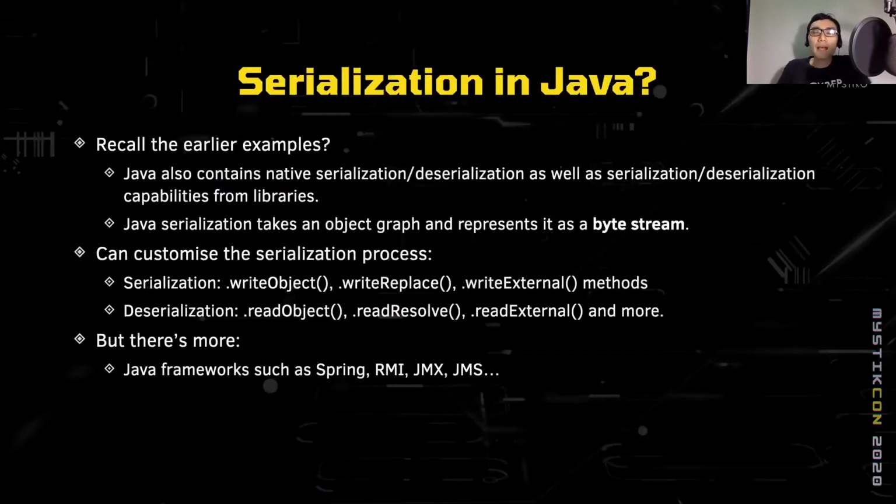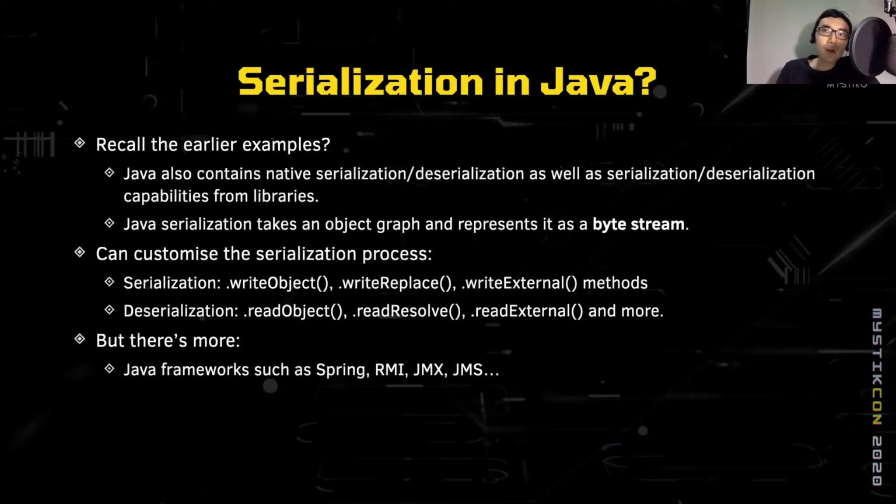Remember in the first example, what we made use of was a native serializer in Java, right? But take note that Java serialization can also be non-native, implemented through the use of libraries. Before I go on to that, let me just talk about some of the commands that you may want to take a look at if you are dealing with the Java native serializers and deserializers.